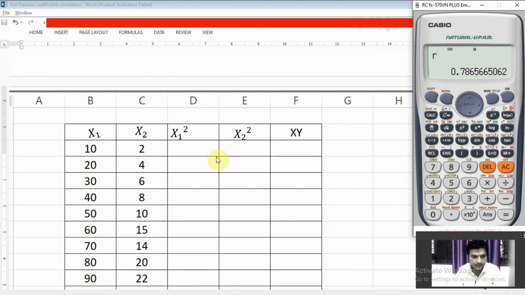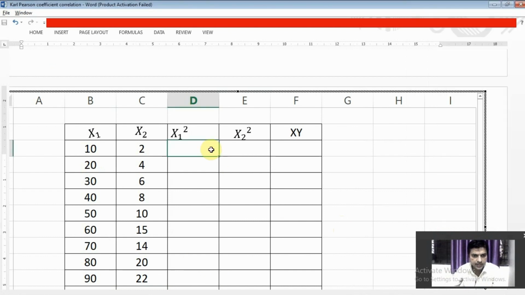Already you know 10 square is 100, 20 square is 400.